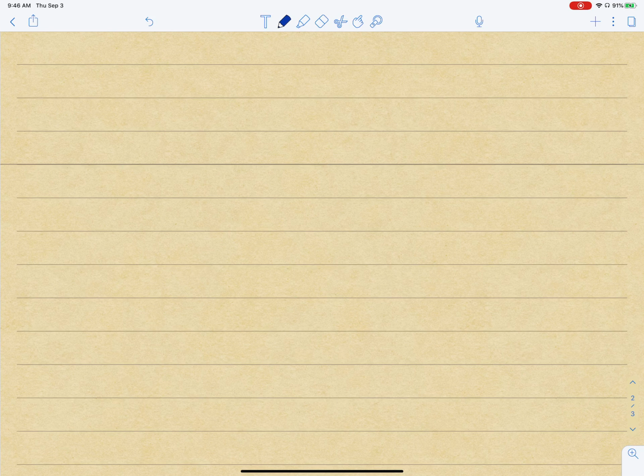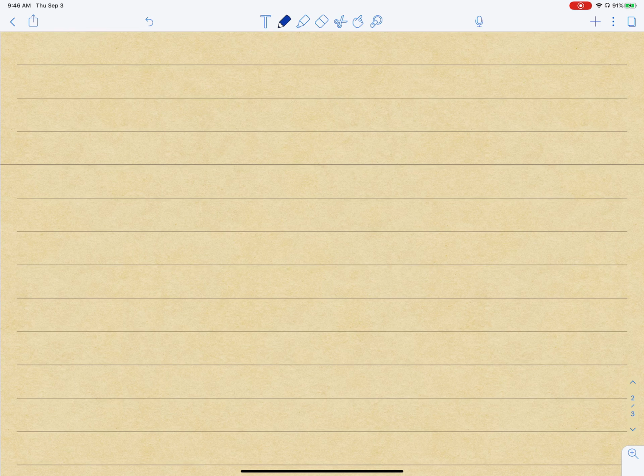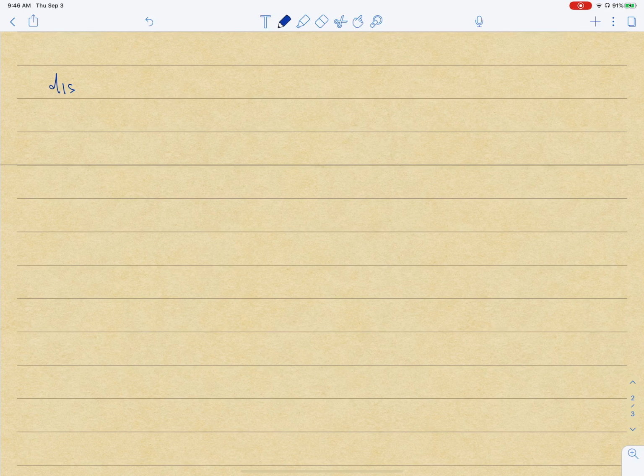So let's look at the distance between two numbers, A and C. What is the distance between A and C? That is, according to our definition, absolute value of C minus A, right?